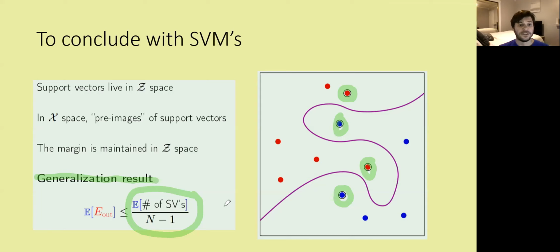The more support vectors there are, the higher that out-of-sample error is going to be on average. You don't get as great of a generalization due to higher complexity. But if you have a model with fewer support vectors, that is a simpler SVM. So the number of support vectors determines the complexity of the SVM model.